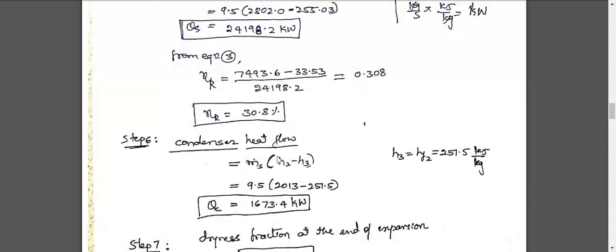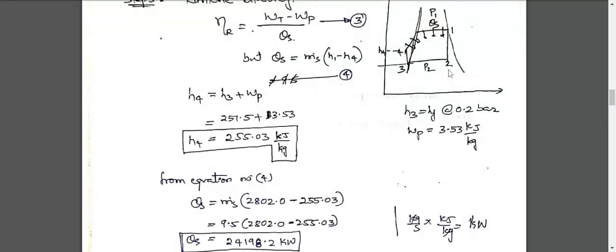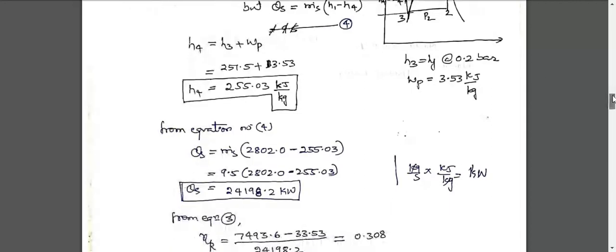Last, he has asked about condenser heat flow. That is step number 6, heat rejected in the condenser. The condenser is the 2 to 3 process. So m dot s into H2 minus H3.